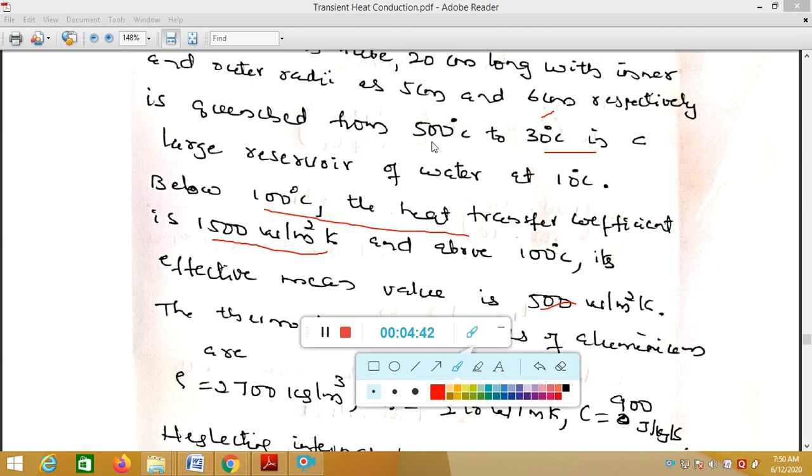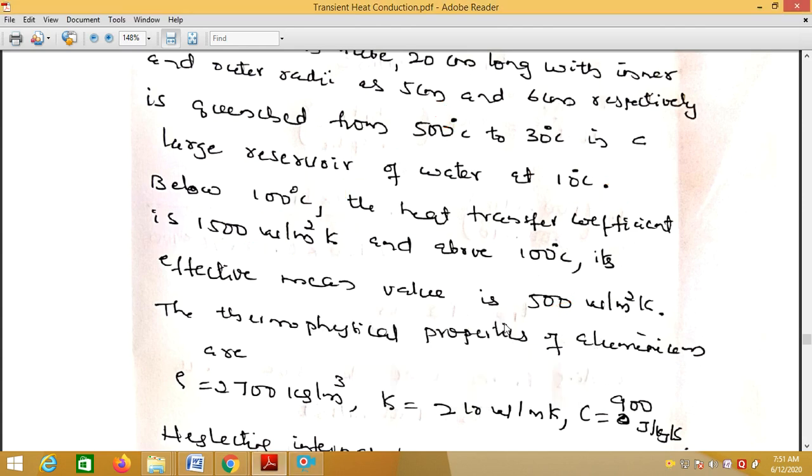So first take cooling from 500 to 100. The water bath temperature is 10 degrees. So 500 is the initial temperature Ti, T is 100, and the water bath T infinity is 10 degrees centigrade.